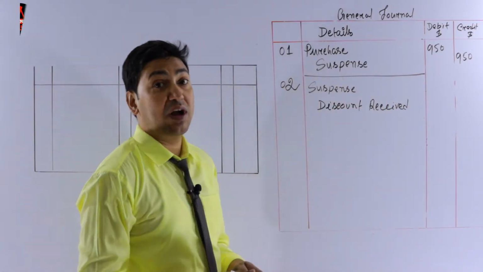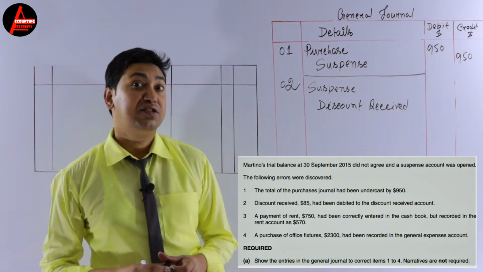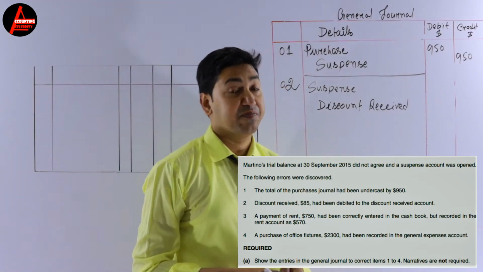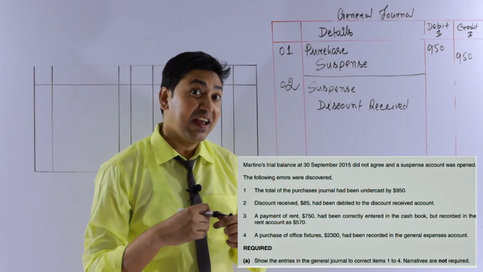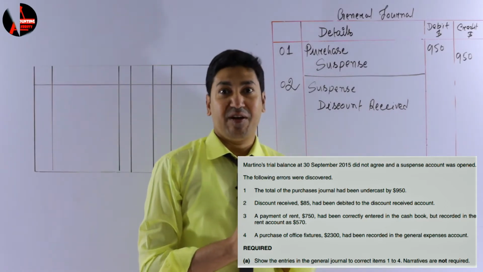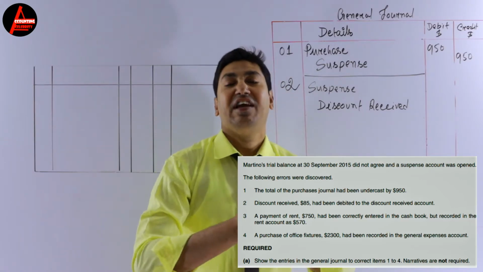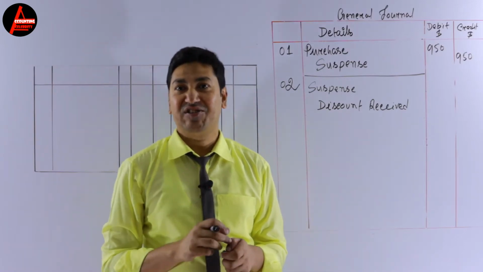Okay, fine. So what is the value here? It is written $85. So how much will be here now? $85? No, it is not $85. Why? For example, you are supposed to give me $85, but mistakenly I gave you $85. So now correct it. What to do?